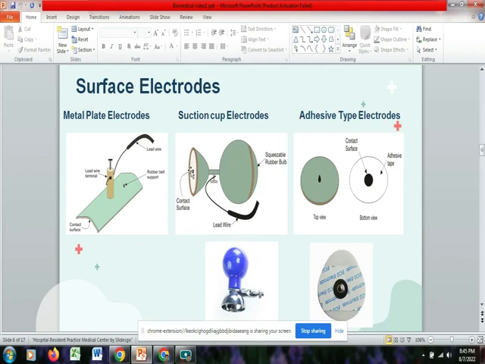This part touches the human body. This is the exact suction cup electrode available in the market, and it is connected to get the ECG signals. This is also one of the famous adhesive tape electrodes, also used to measure ECG signals. In the next image I will show how it is used.